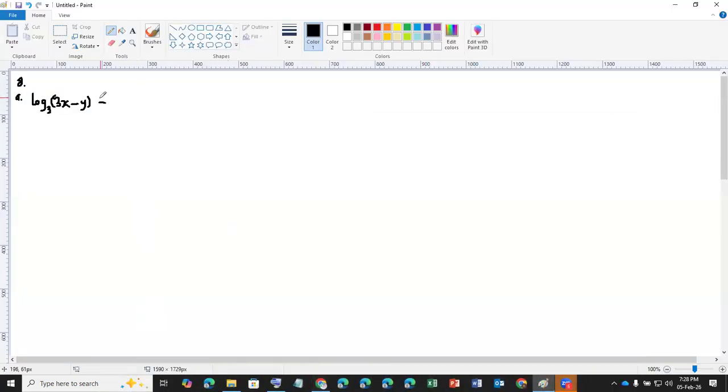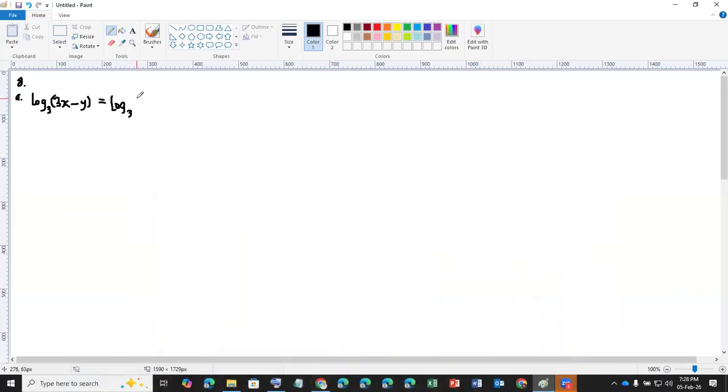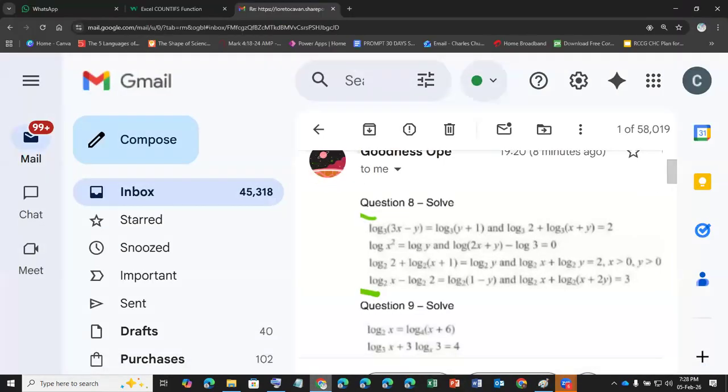Equals y plus 1. Then the next one is two.